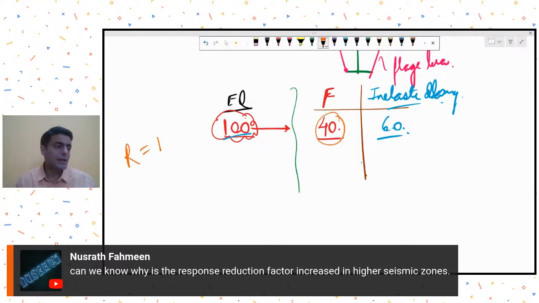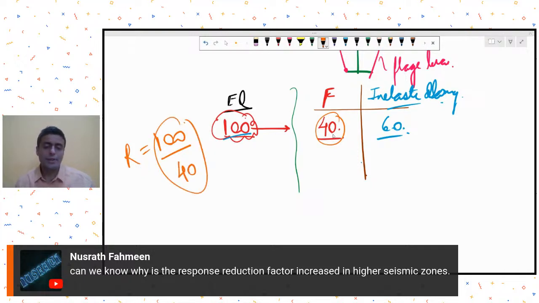So basically, I reduced my response by a reduction factor. Do you understand? In this way, for this system, my response reduction factor becomes 100 upon 40, and this gives me a response reduction factor of 2.5.